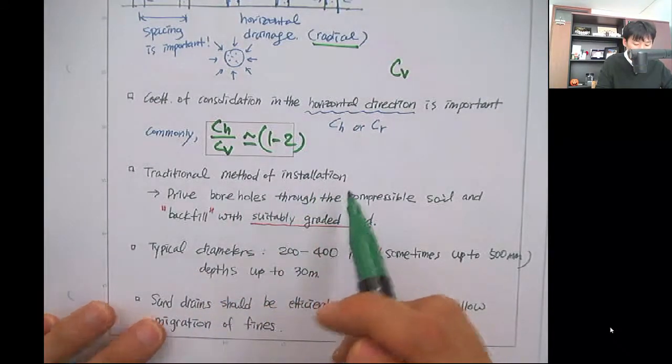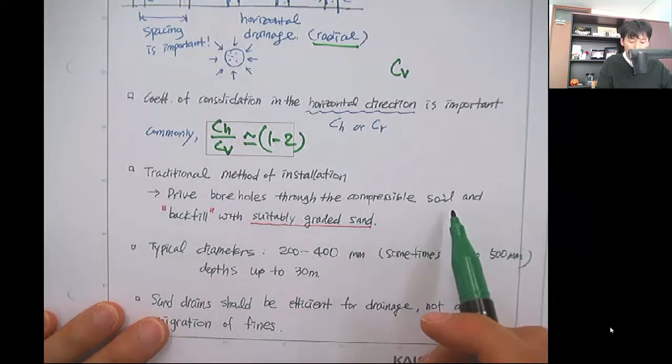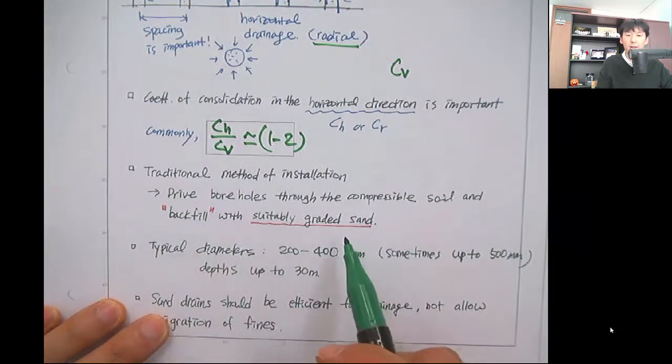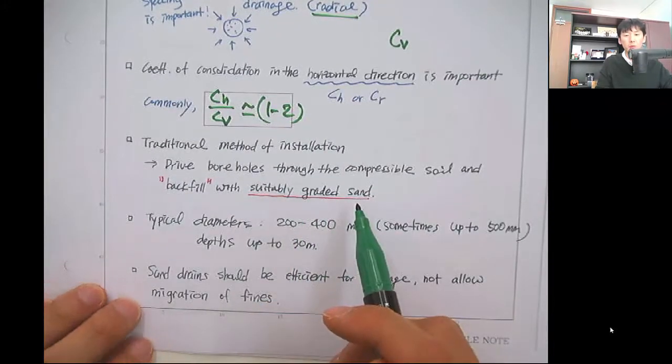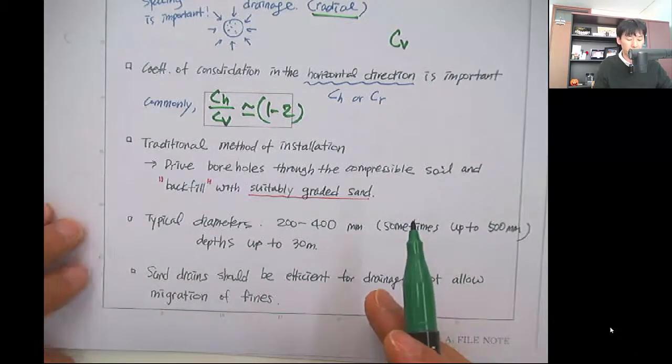The traditional method of installation is to drive boreholes through the compressible soil layer and backfill with suitably graded sand. This graded sand should have high permeability so that in this kind of soil, the water can flow easily.